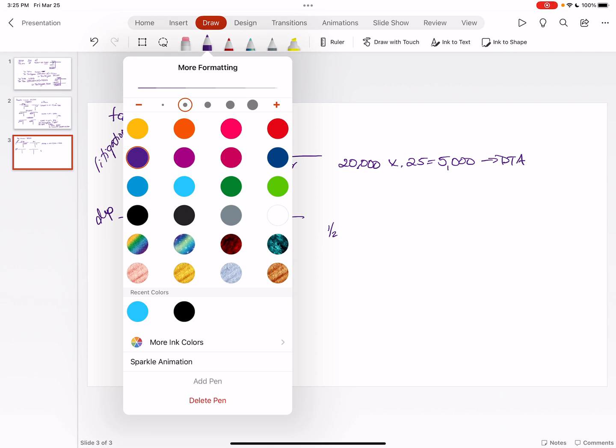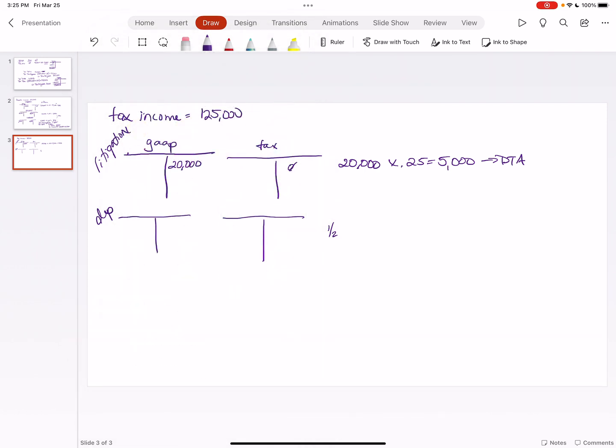All right, so we've got a difference of $8,000 left, right, which is equal to 2/3. Multiply that times 25%. That's going to be $2,000. And because assets, right, sit on that side of the balance sheet, this will end up going to DTL.